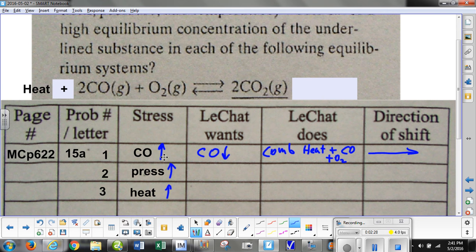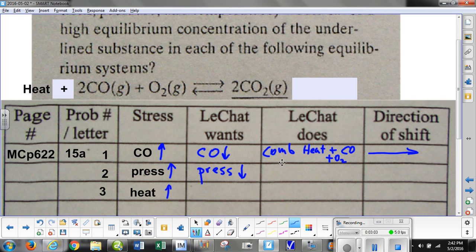So let's go on. Ephraim, what do you have for Le Chatelier on pressure? Do you know how to do that? Okay, so he definitely wants pressure down. Most people are getting this part pretty easy, but now how's he going to get the pressure down? He's going to increase the number of moles, yeah.